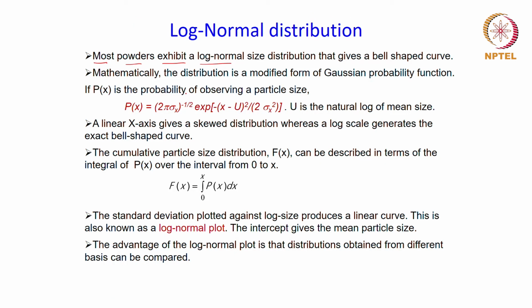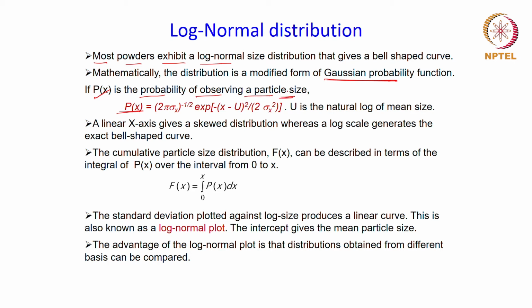And if you want to describe this distribution mathematically, a Gaussian probability function can be used to describe it, which is given over here, wherein P(x) is the probability of observing a particular size.